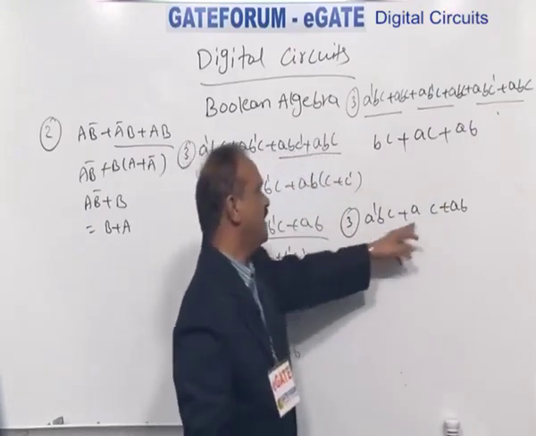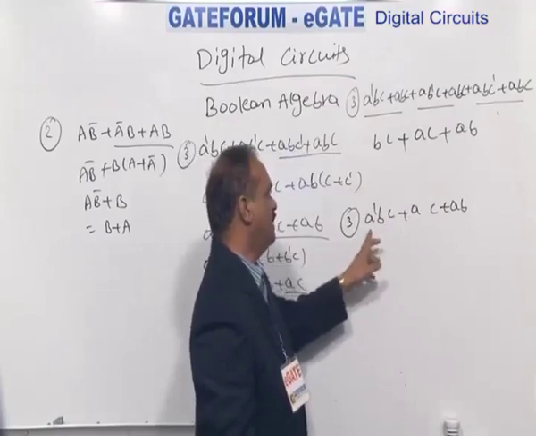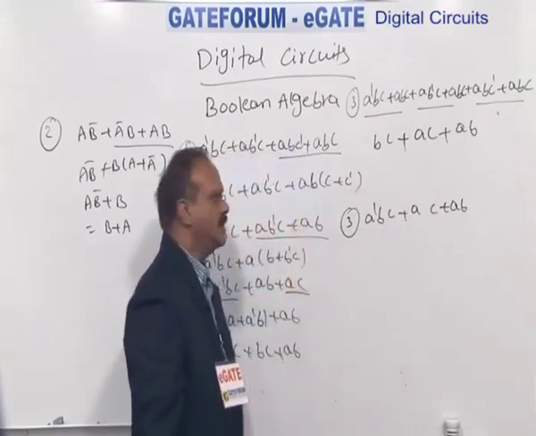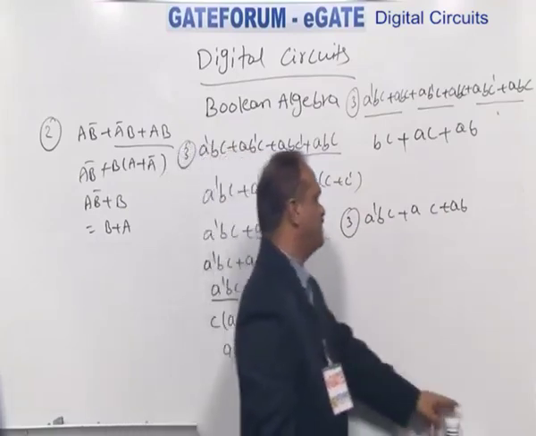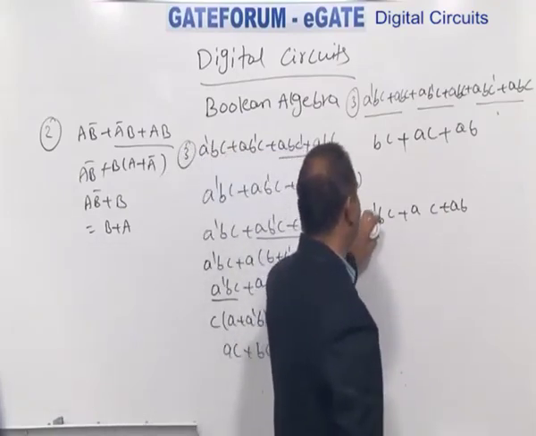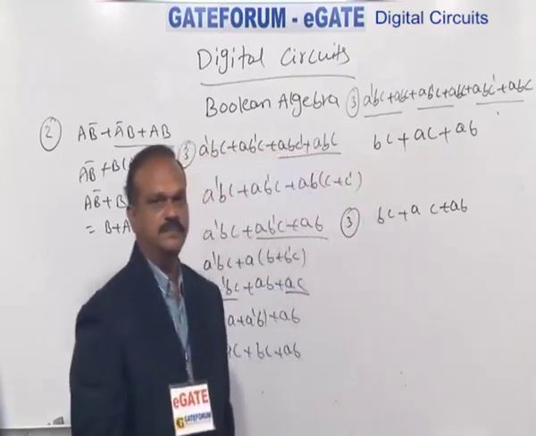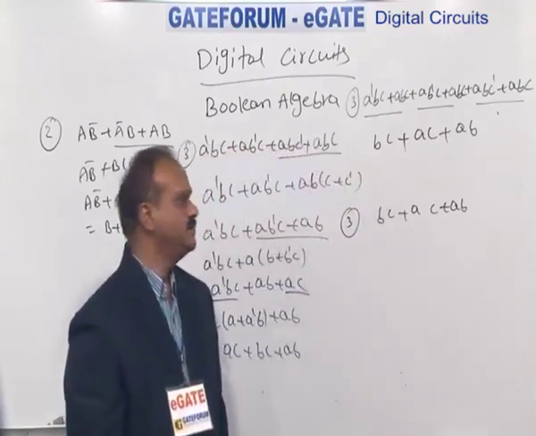Now in the first and second terms, if you take C common, it can be written as A plus A bar B. So A bar can be eliminated, simply eliminate A bar. See how easily we got the solution. Only one step, direct method.